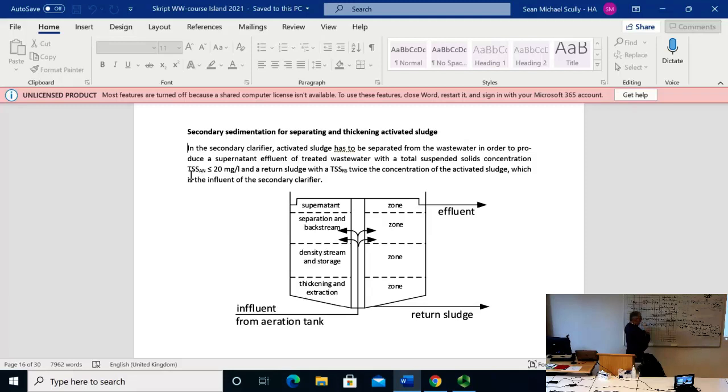And since we have to dimension our secondary clarifier for the critical case, which is stormwater, then we have RS should be smaller or equal to 0.75 for stormwater, or for maximum inflow.